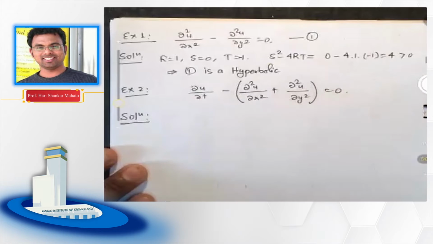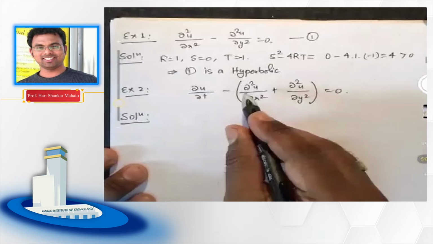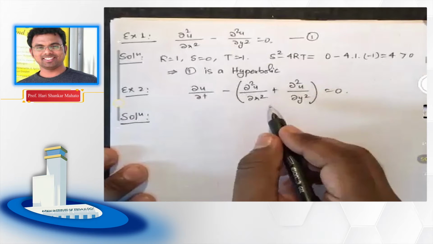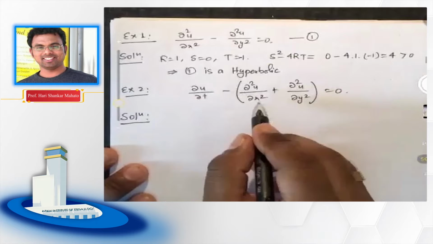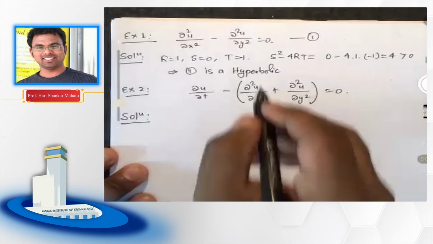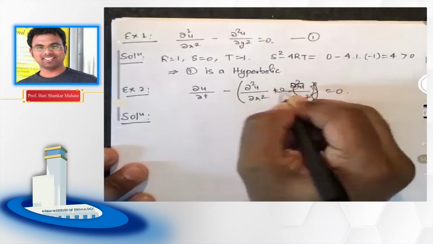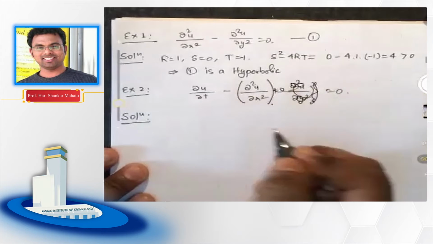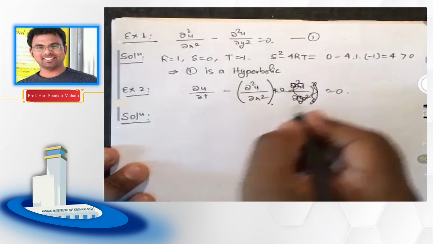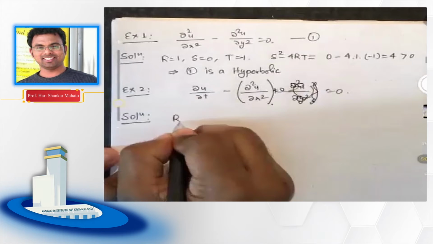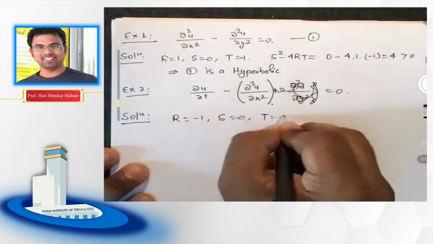So here we have the Laplacian. Let's consider a 1D example, because otherwise it will unnecessarily become complicated. So del u del t minus del square u by del x square. Here our R is minus 1, S is 0, and T is also 0. It's a one-dimensional heat equation.